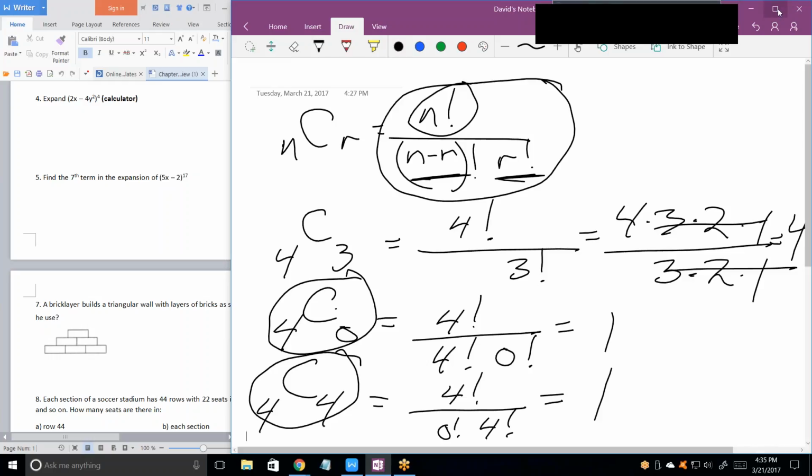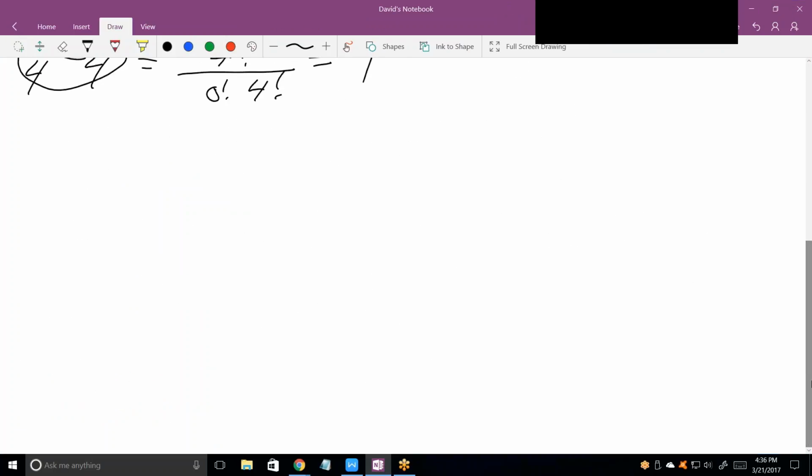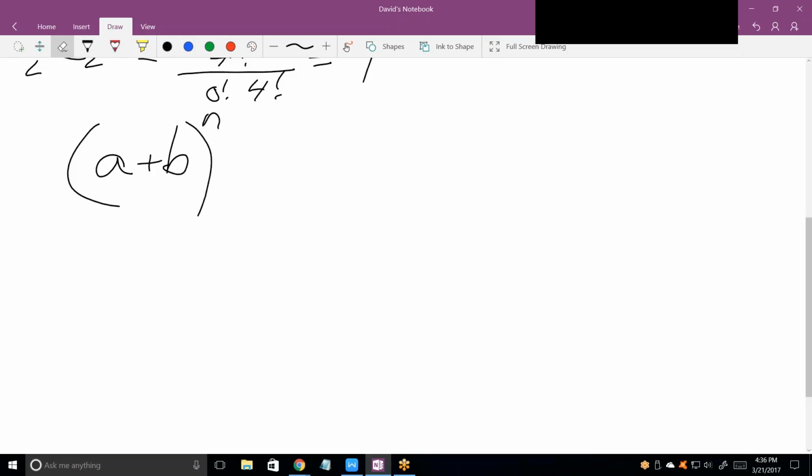Now, here's the trick. So you know what those mean. If we have an expression a plus b, where a and b can be anything, to the n power, you with me? If at any point you lose me, stop me, okay?